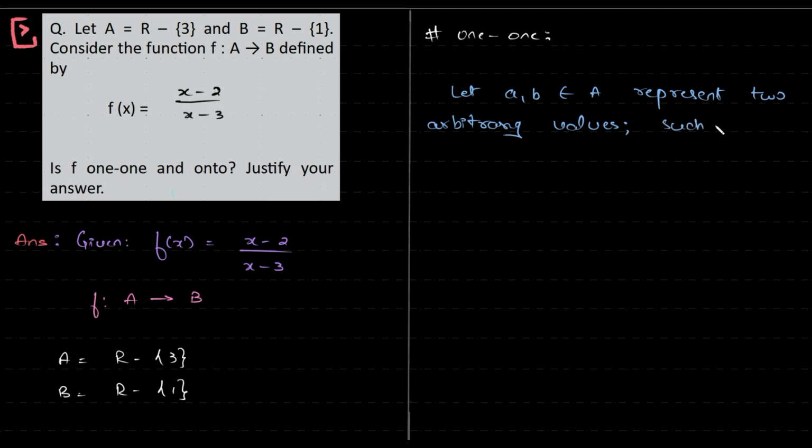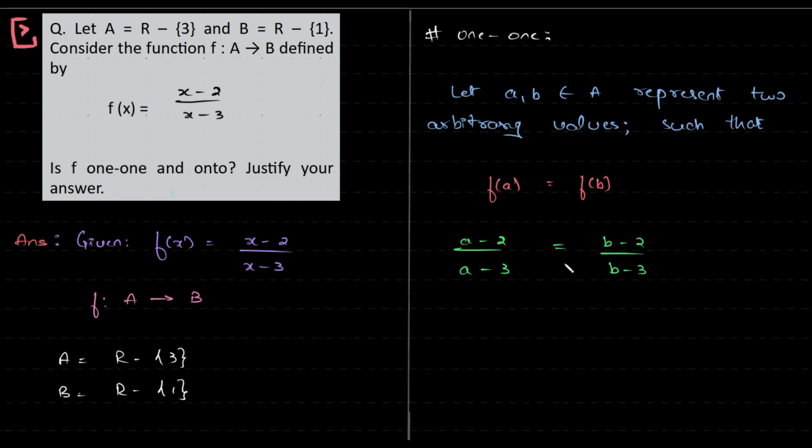So we are doing proof by contradiction, such that f of a is equal to f of b. Now, what is f of a? a minus 2 divided by a minus 3, which should be equal to b minus 2 divided by b minus 3.